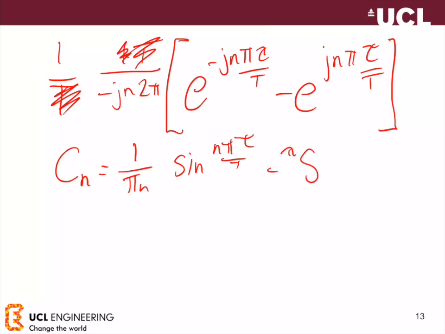Which is going to be our tau on big T sinc n tau on big T. So we have our sinc function. Now this is exactly the same as we got to when we did the Fourier series before, except we now have this value of tau.